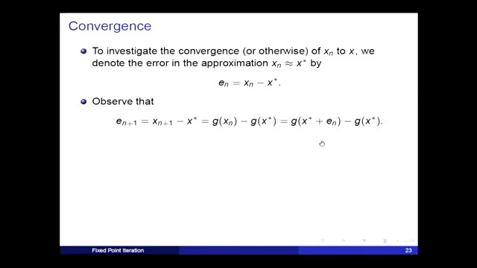Then x n is just x star plus e n, then minus g of x star. And now what is the next step? Like you said, we have to show it's a contraction. But what does contraction mean in terms of the errors? So what is the next step?